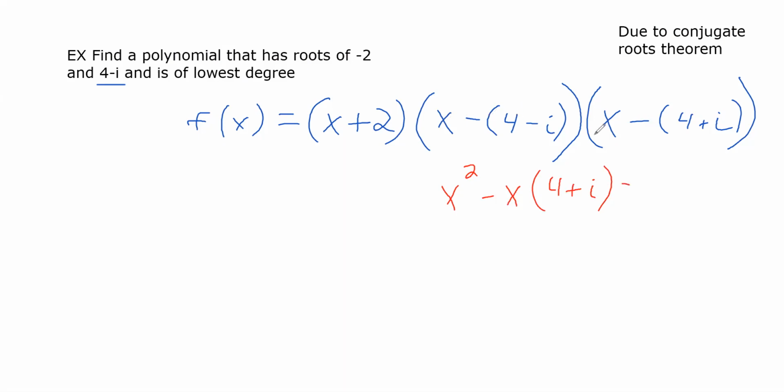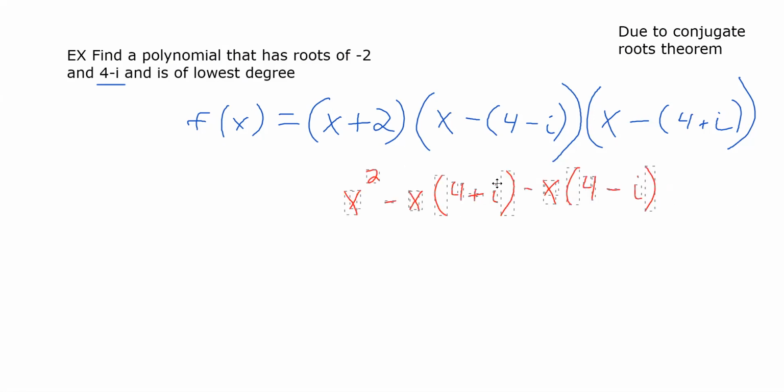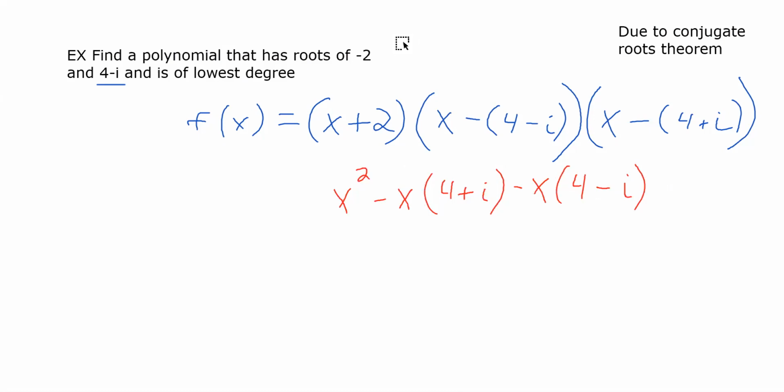I'll put the x first again. And then I'm going to have plus 4 minus i times 4 plus i. Like that.